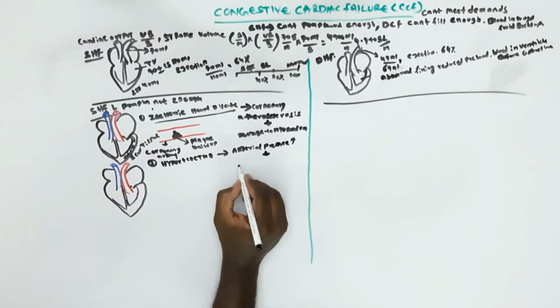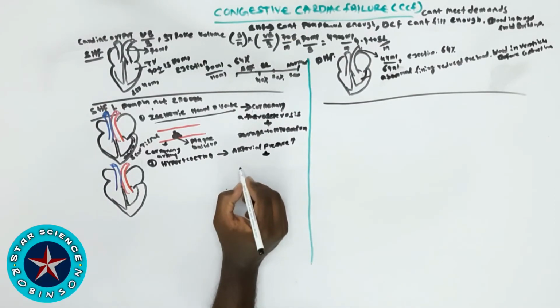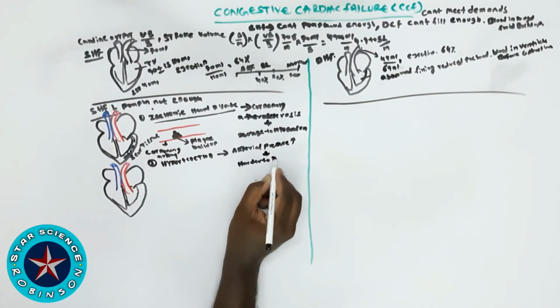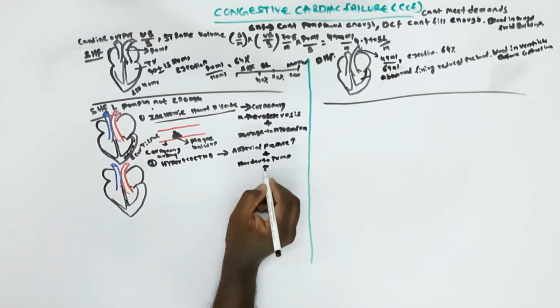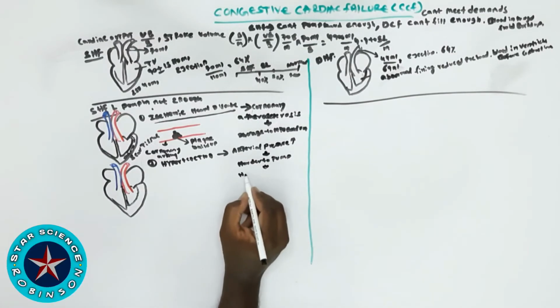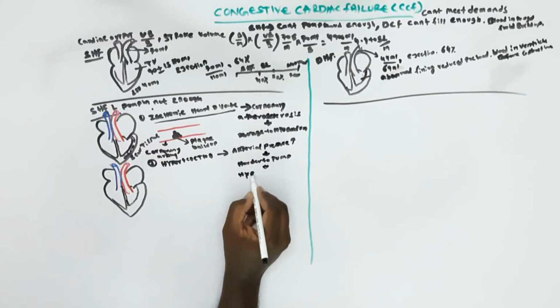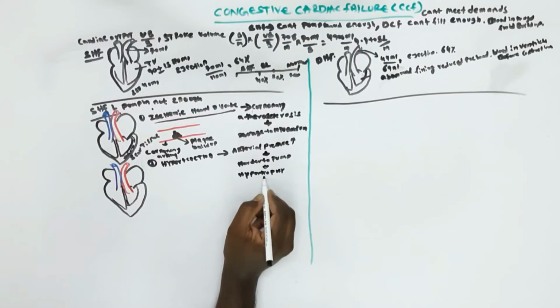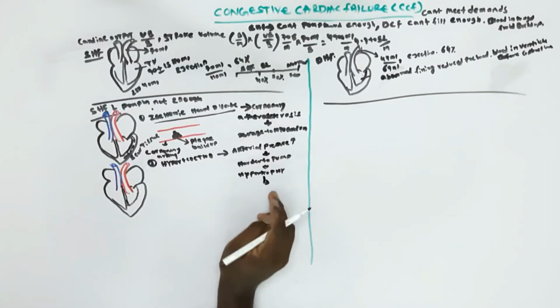So when they have hypertension, because of that the arterial pressure will be increased. When arterial pressure increases, it is very hard for the left ventricle to pump blood, so it is harder to pump by the left ventricle.